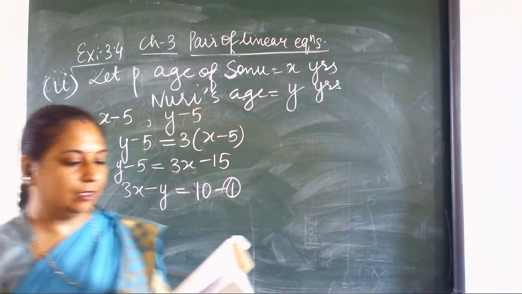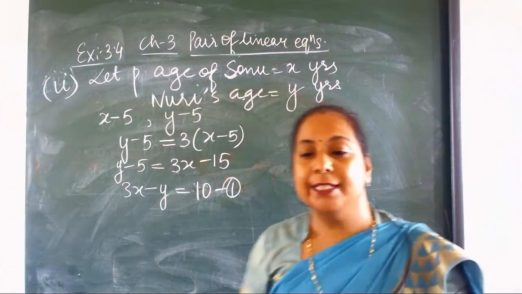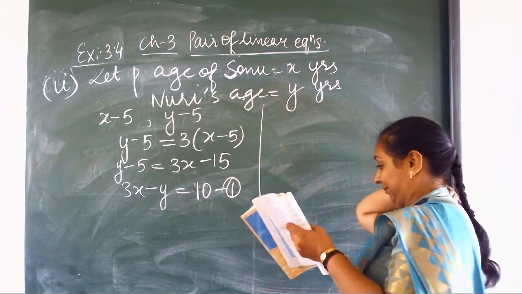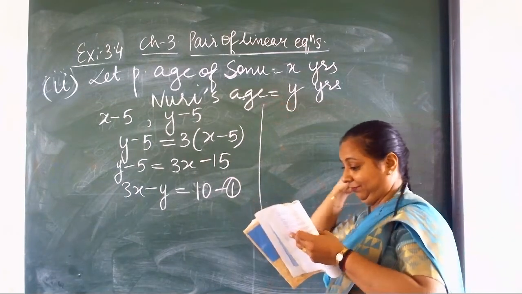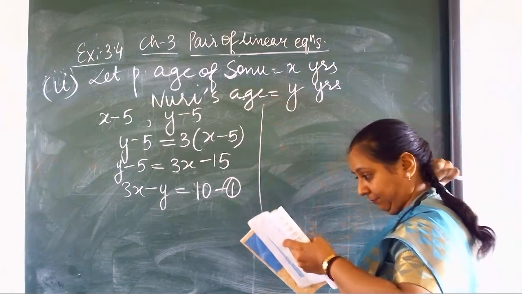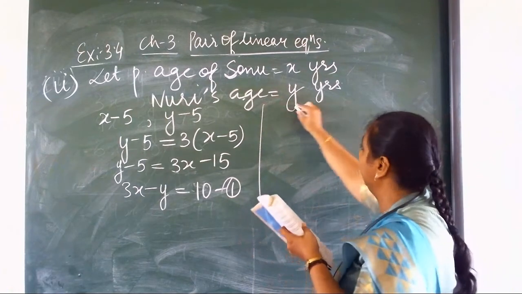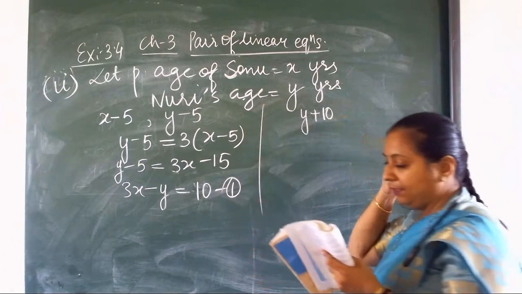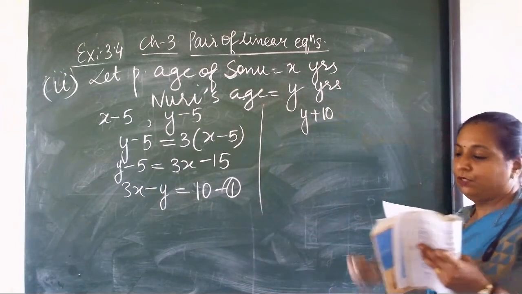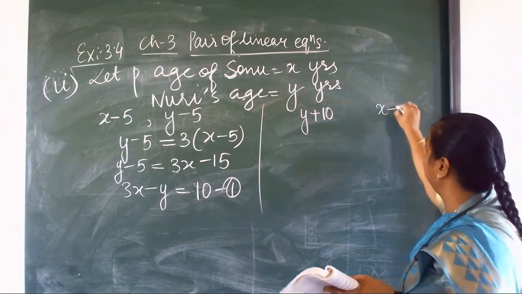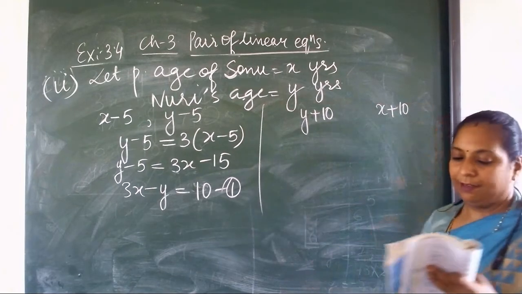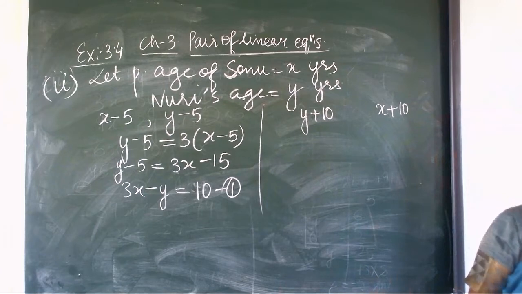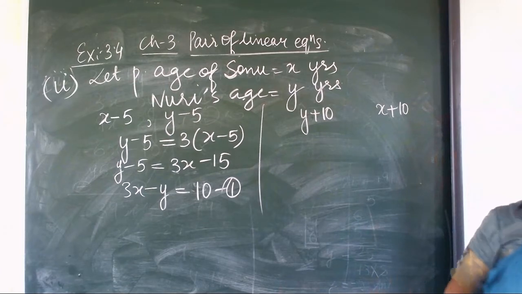Now the second condition is that 10 years later the age of Nuri becomes y plus 10 and Sonu's age will be x plus 10, and according to the condition Nuri will be twice as old as Sonu.